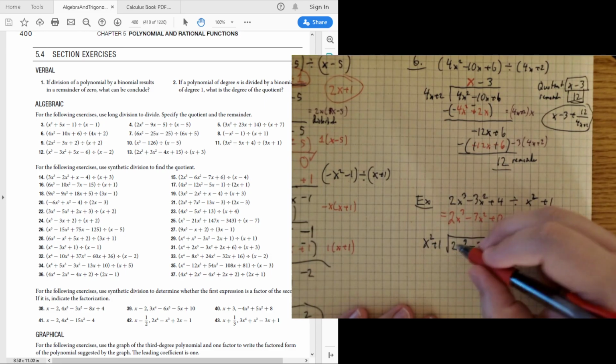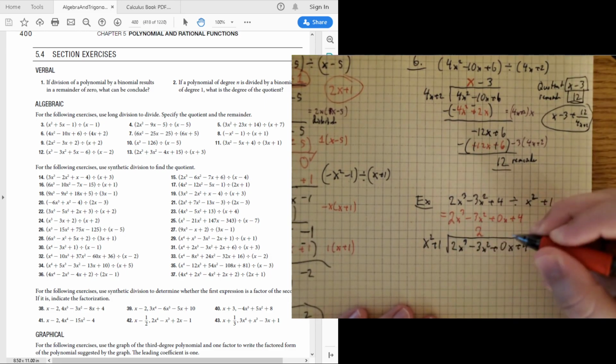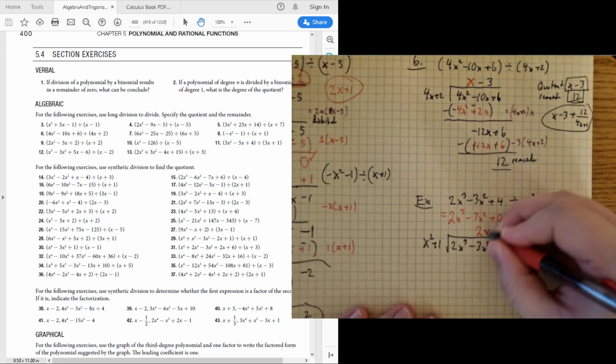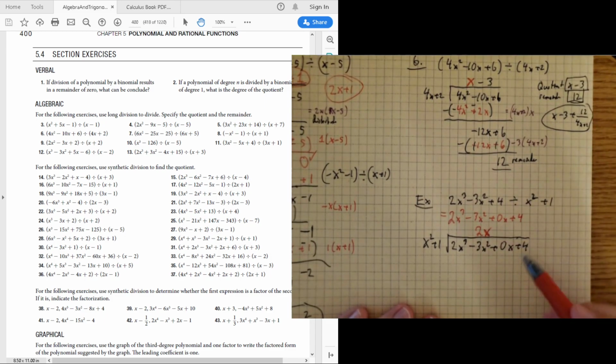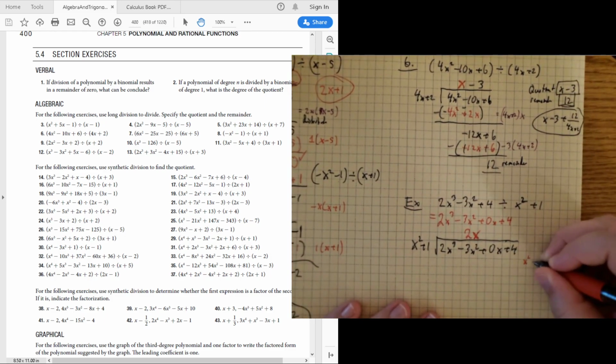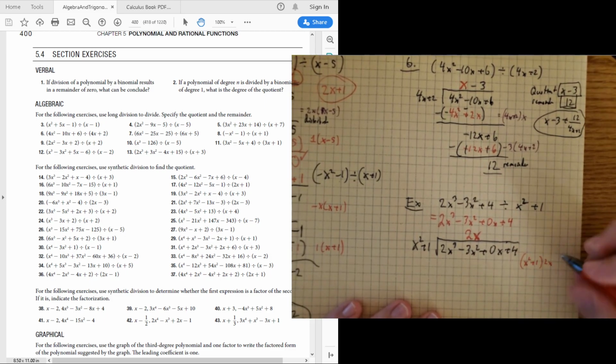I have a single x, I want to get 2 x's, so I multiply by 2. I have an x squared, I want to get x cubed, so I need one more x. Notice again how we do that. Numbers. So I have a 1, I want to get to a 2, multiply by 2. I have an x squared, I want to get x cubed, just need another x. And so this line becomes x squared plus 1 times 2x.